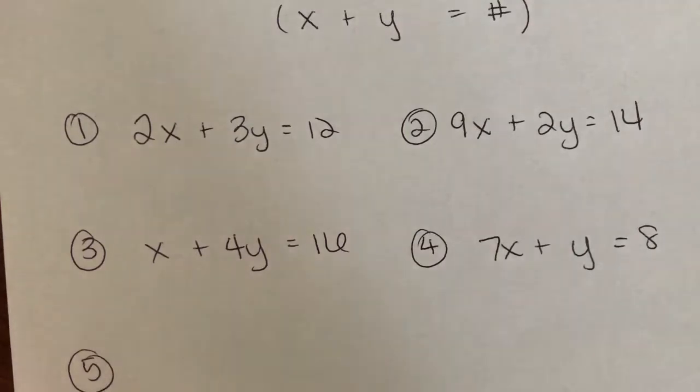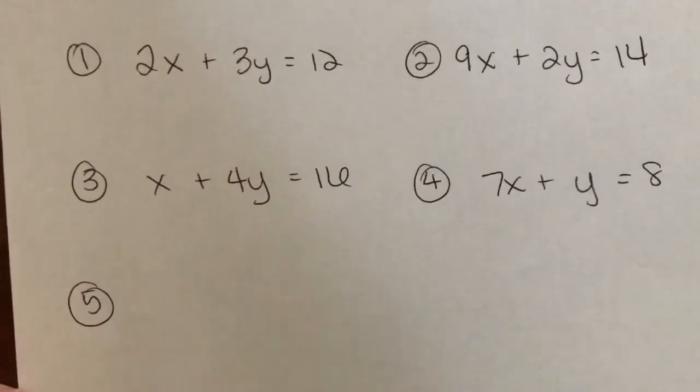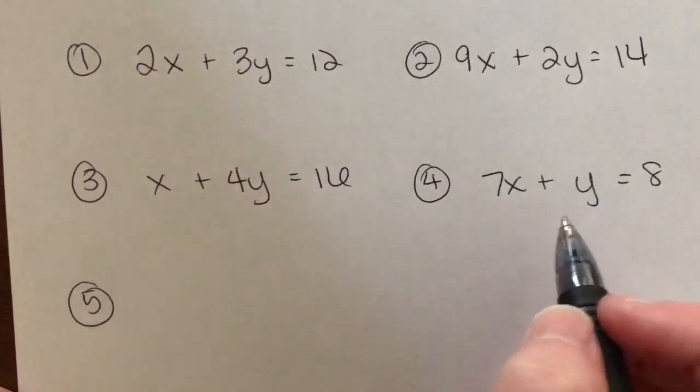I got more here. I know you can't see them great. Start thinking about x, a, b, and c. We're just identifying the numbers a, b, and c, not x's or y's.